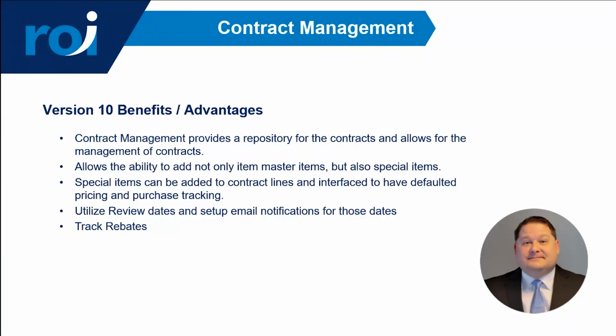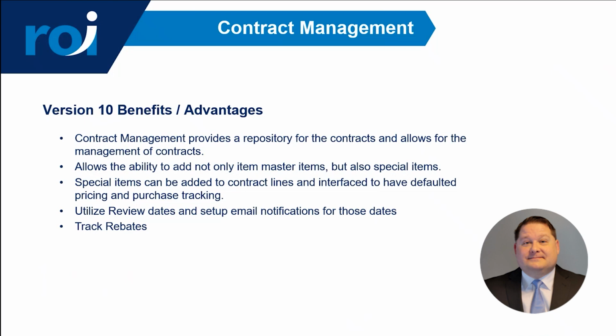So time is of the essence, and the faster you can get on the vendors for creating contracts or getting ones updated is better. So this really allows you to utilize review dates to get those automated email notifications out to your contract managers or anybody who's going to be negotiating contracts, or even just to reach out for an update.